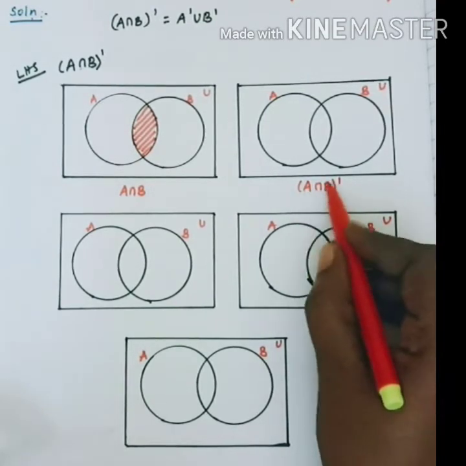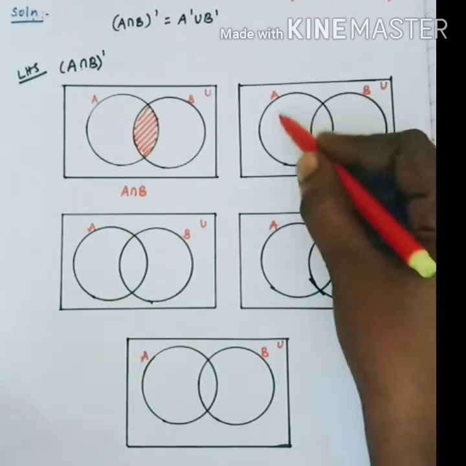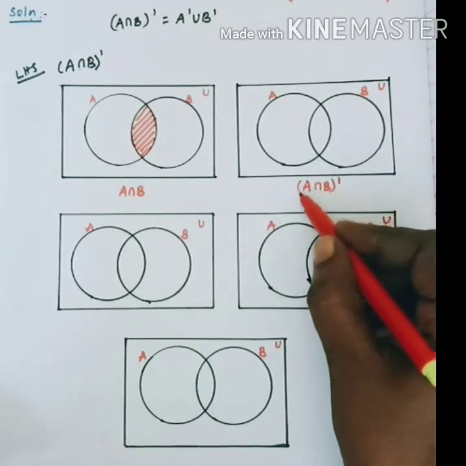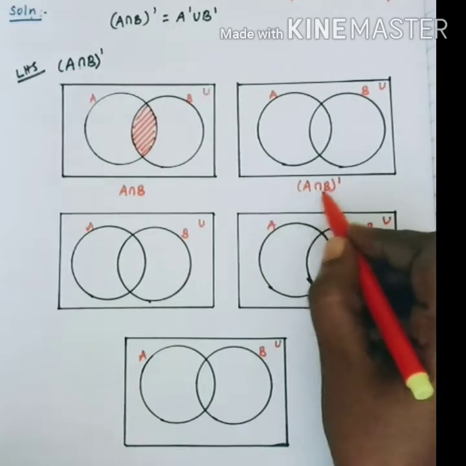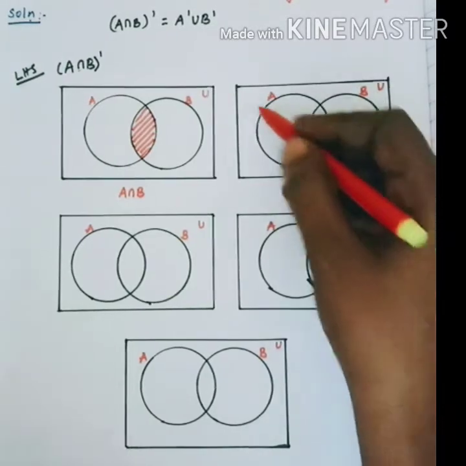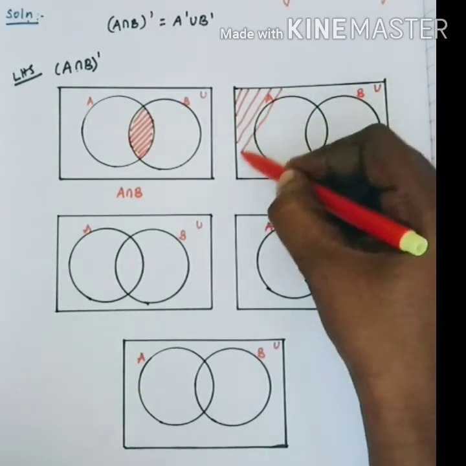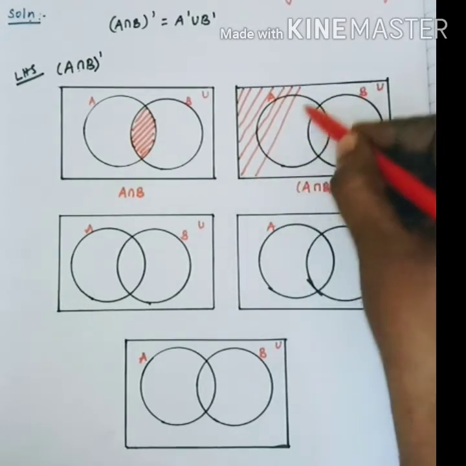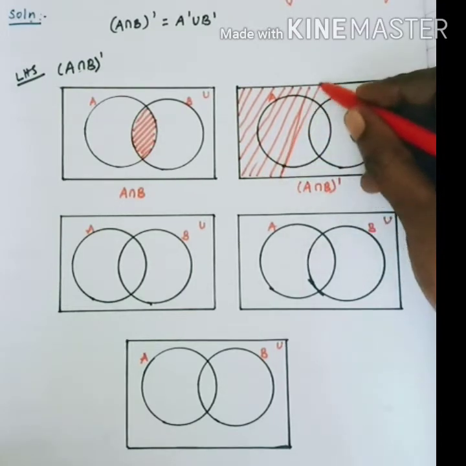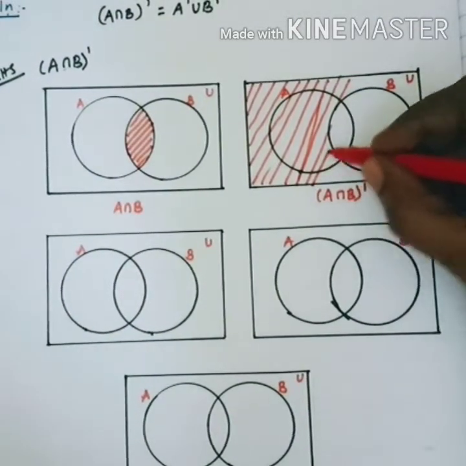You don't need to shade this A intersection B. So don't shade A intersection B, and shade the remaining parts in the Venn diagram fully.